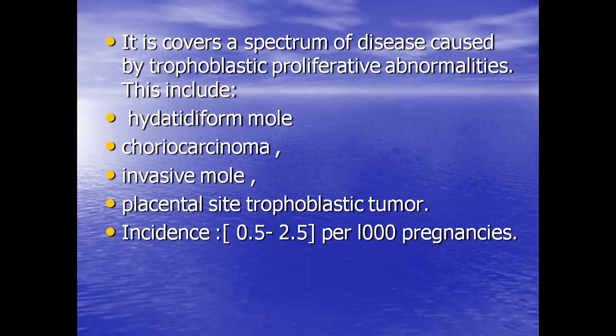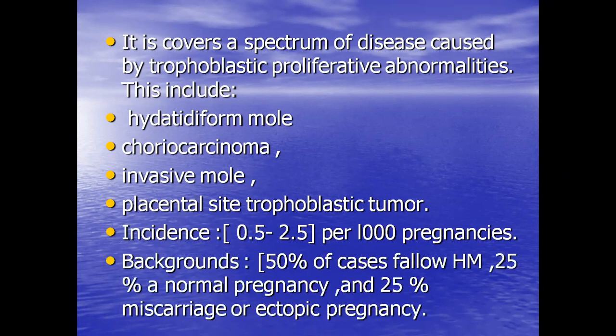What is the incidence rate? Incidence between 0.5 up to 2.5 per 1,000 pregnancies. Background: they found that 50% of cases follow hydatidiform mole, 25% a normal pregnancy, and 25% follow miscarriage or ectopic pregnancy.